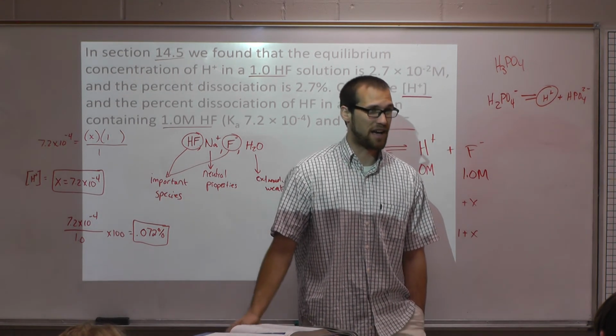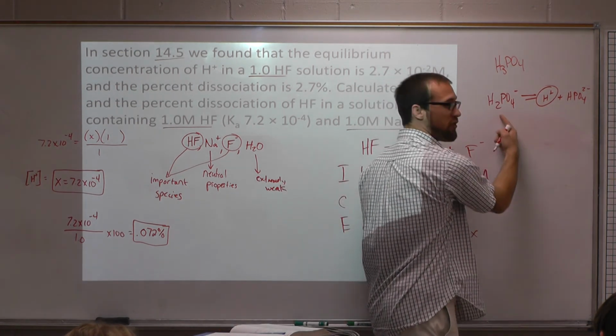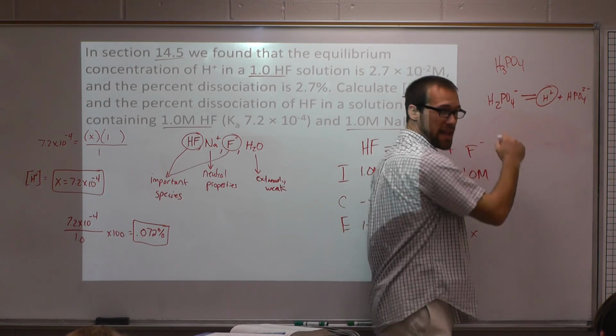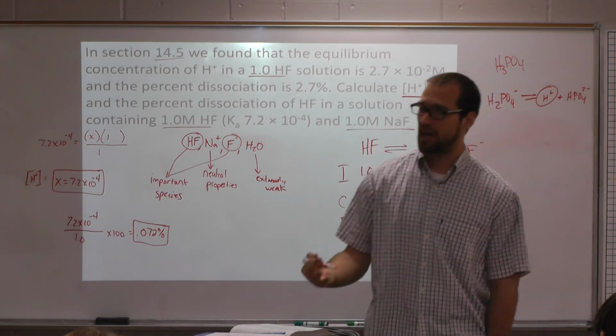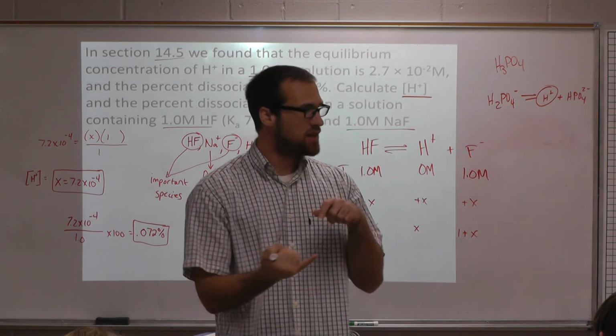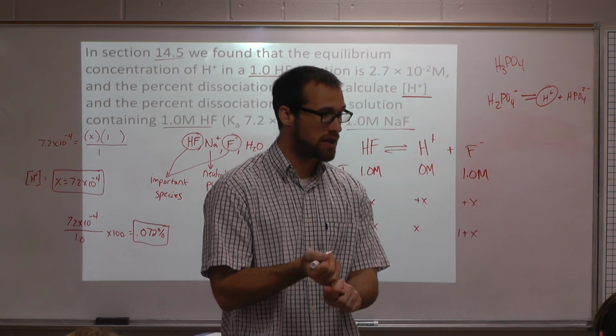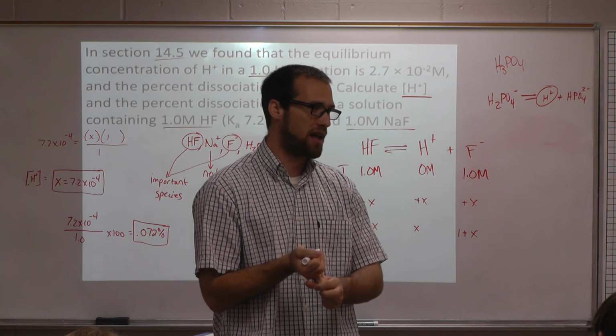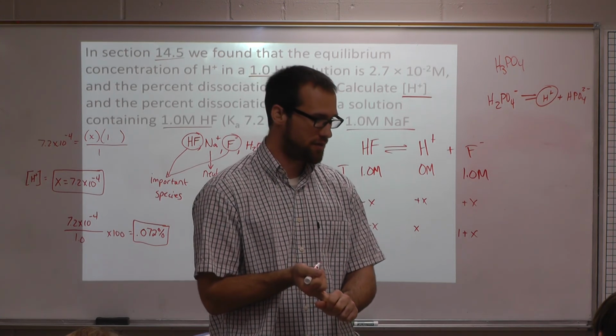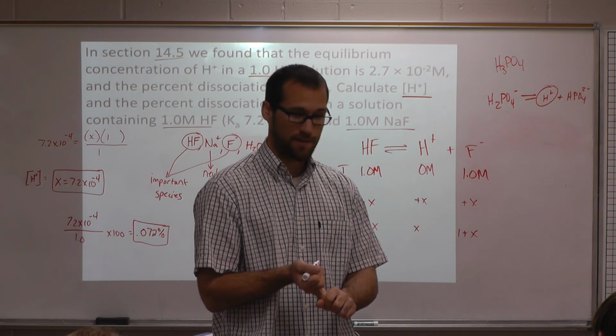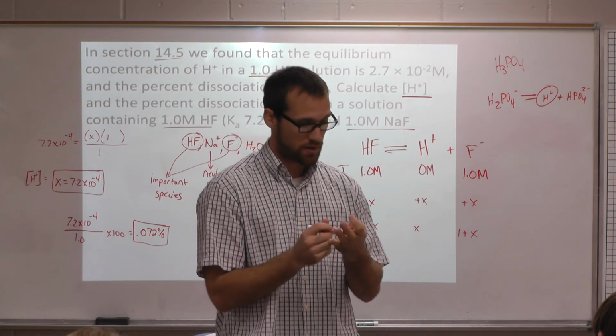Wouldn't that act as a common ion, which would force the equilibrium to be further left for this guy, making it a lot weaker? And then the third step as well. So not only do you have the fact that it's negatively charged now and not as likely to give off a proton, but you're adding a common ion, which is going to force the equilibrium to shift left. Does that make sense? All right.